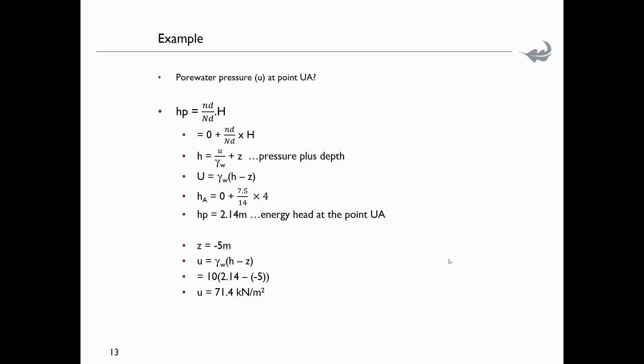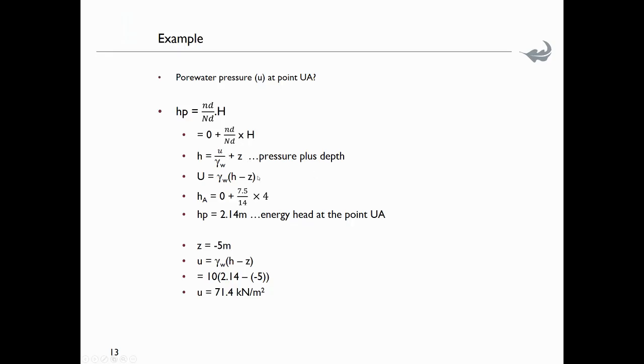The HP pore water pressure is equal to the specific block that you're looking at over the total number of equipotential lines times the total head, and that becomes, in this part, basically the pressure plus the depth.